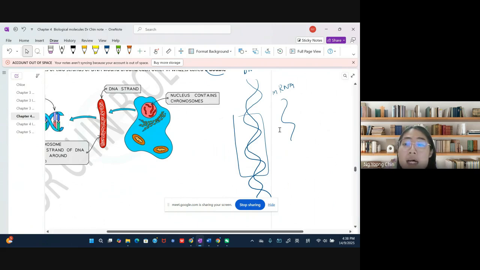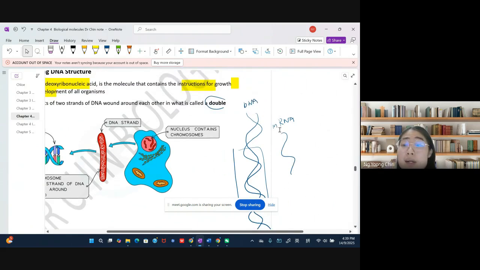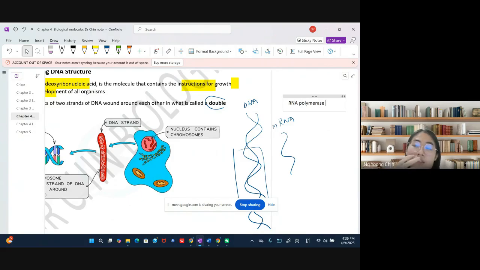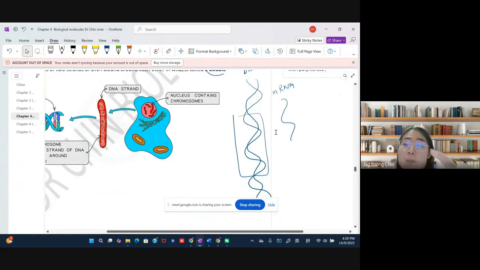We call it what? RNA polymerase. It's a kind of enzyme. This one, RNA polymerase. It's a kind of enzyme that helps to make this messenger RNA strand. So this messenger RNA strand, right, can copy the specific genetic information from the specific region of the DNA.